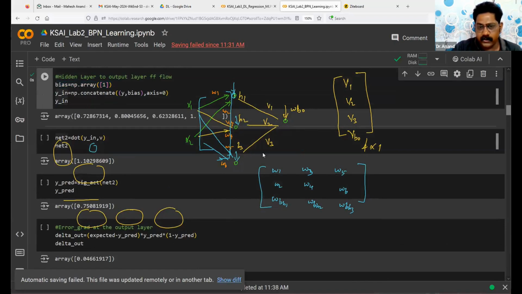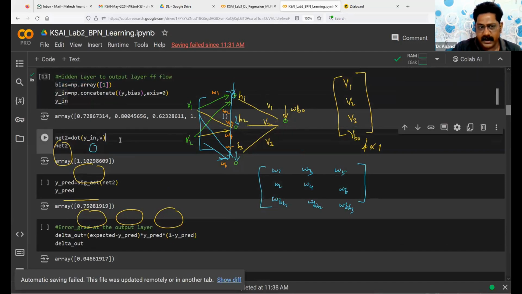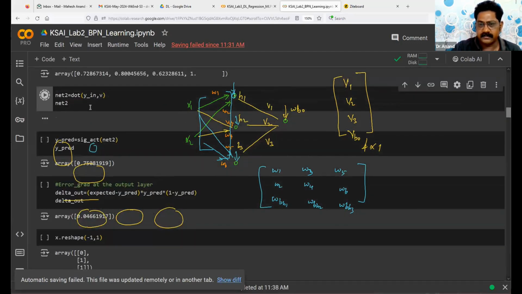Now y in is going as a dot product with the v weight matrix to get the net at the output side. We got net at the output side. Since we have got only one neuron, we got the value as a scalar. Suppose you define two neurons, you have two outputs, like the way how we got three outputs, H1, H2, H3. You may have got two outputs if your output is one hot encoded. Since my output is only one neuron, you have got only one scalar value.